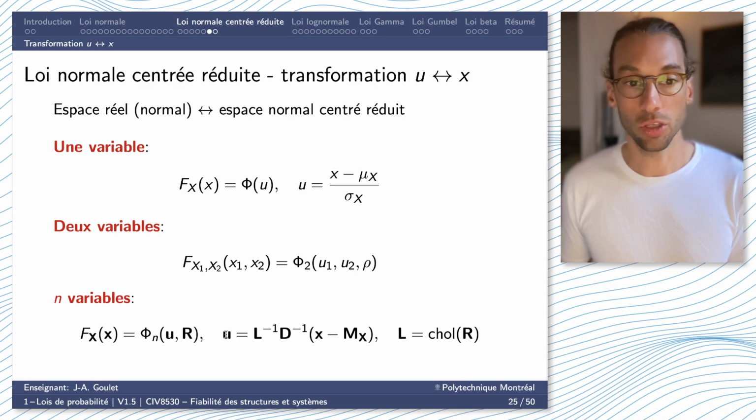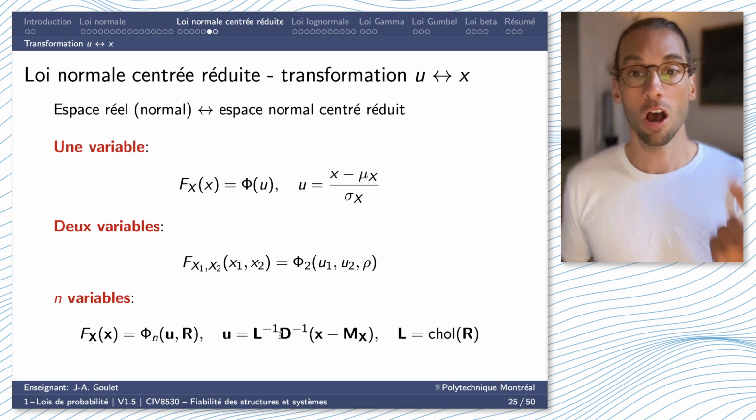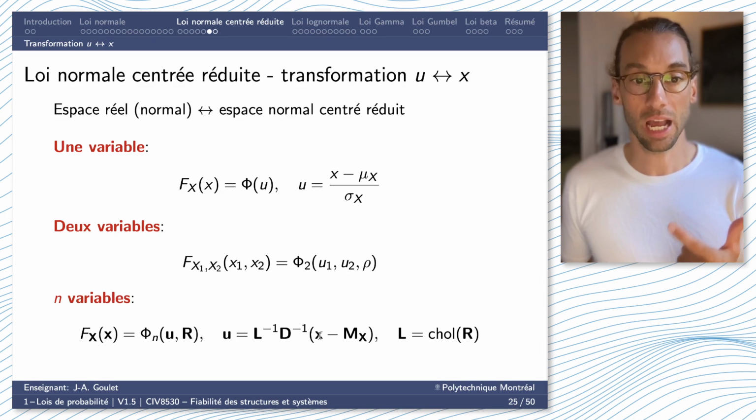So U equals the inverse of that Cholesky factor times the inverse of my standard deviation matrix times x minus mu_X.